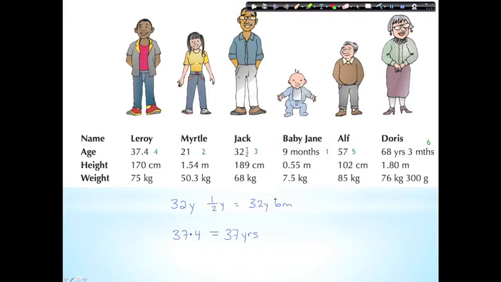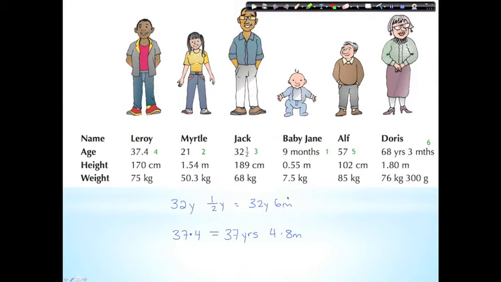Okay, and then for the months, 0.4 of 12 months is going to give me 4.8. So he's 37 years and almost 5 months old, and the rest are in the same format. Okay, so that's how you can convert between the fractions and putting it into the correct format.